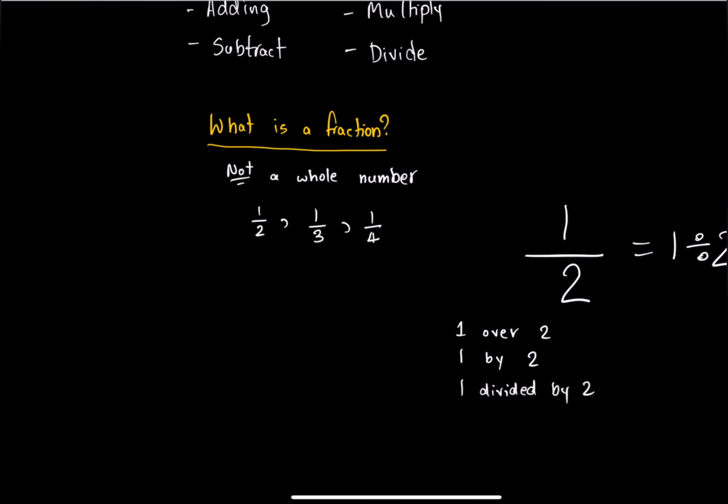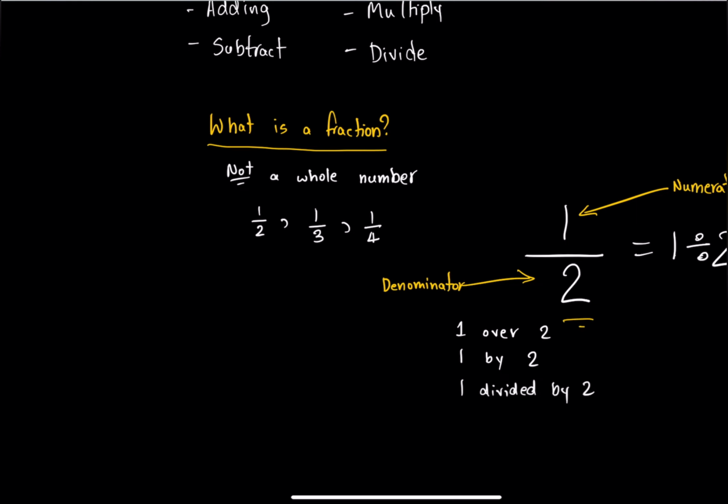So what are the parts of a fraction? Well, this top part right over here is the numerator. It is the top number and it is the number that is being divided. And this lower part is called the denominator. So over here, the denominator is the number that is dividing the numerator into this many pieces.